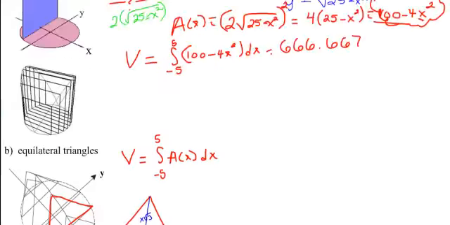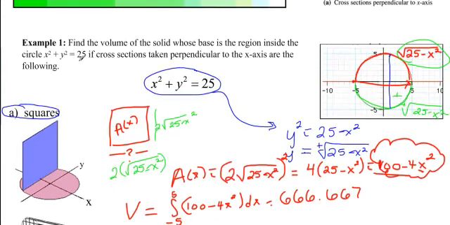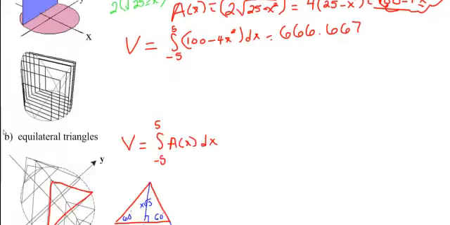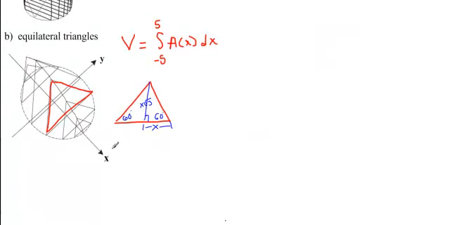Well, I'm going to refer us back up to our first problem because the distance across the circle has not changed. It's still 2 times the square root of 25 minus x squared. That chord still has that same distance across since we didn't alter our circle. So 2 times the square root of 25 minus x squared is the total distance across the bottom of our equilateral triangle.